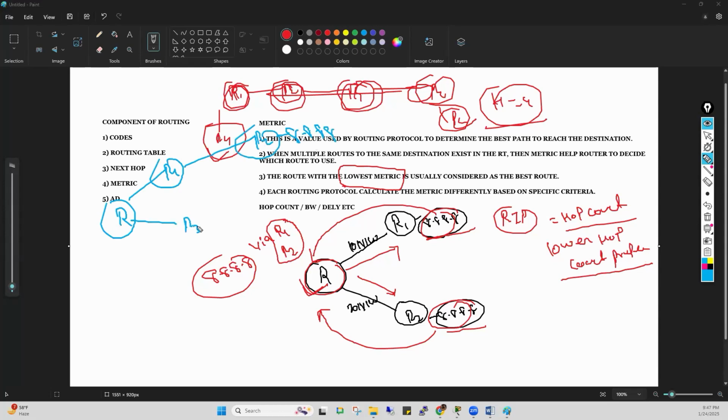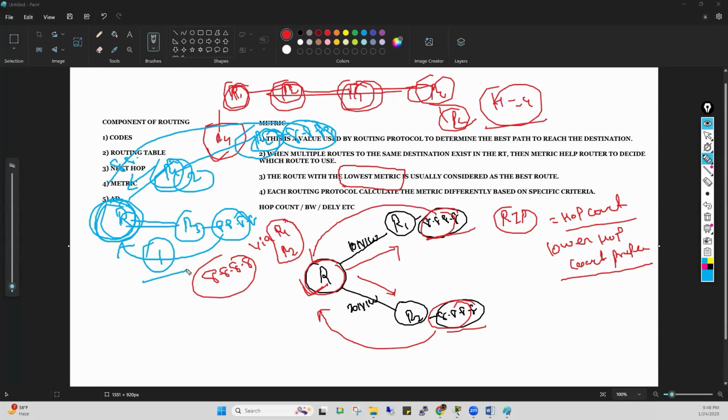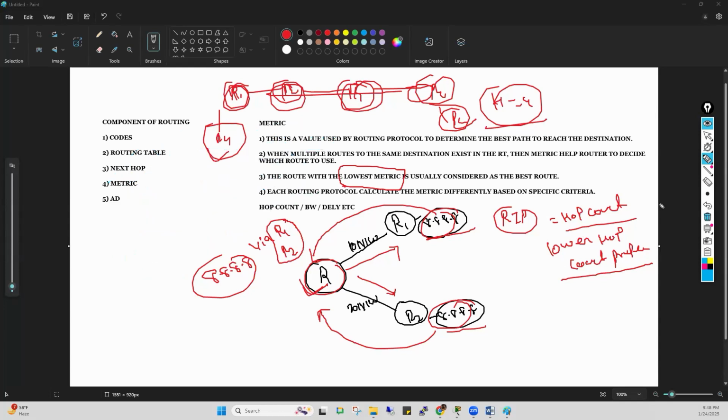For example, here is router 3, and here you are using 8.8.8.8. This router receives 8.8.8.8 via R3 and this router receives 8.8.8.8 via R1. But in this case, hop count is 2 here, and in this case, hop count is only 1. So this router will prefer this one, not this one, if you are using the RIP protocol. Clear? Understand? So this is something you need to remember.